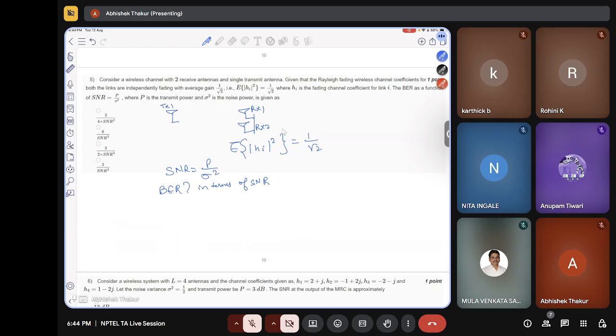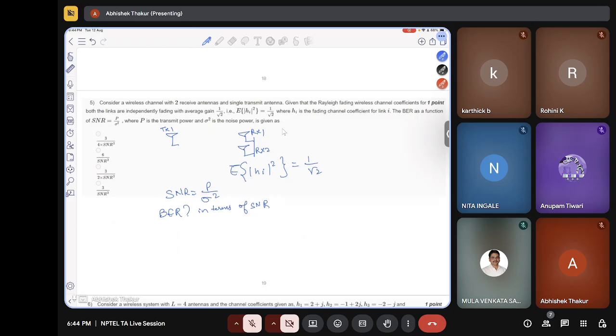Also it is given that the Rayleigh fading wireless channel coefficients of both links are independently fading, so the gain factor is 1 by root 2. So SNR will be 1 by root 2 of SNR, because the actual SNR is faded with the gain of 1 by root 2.